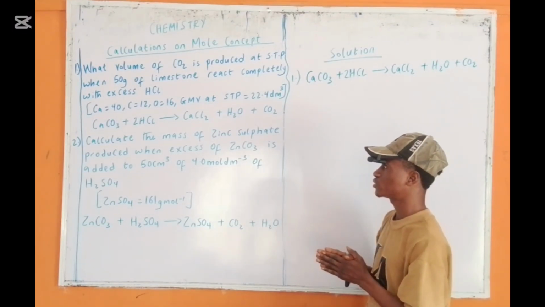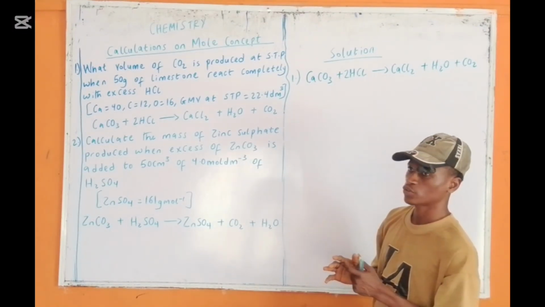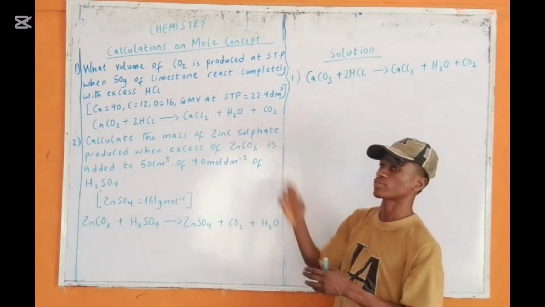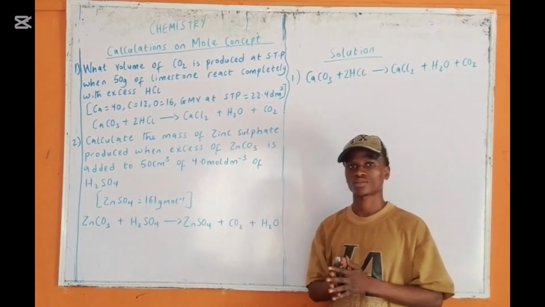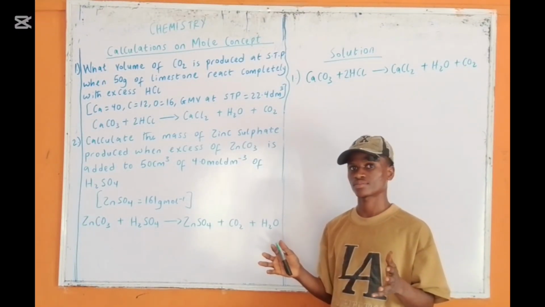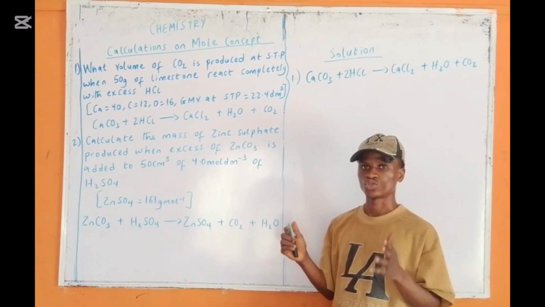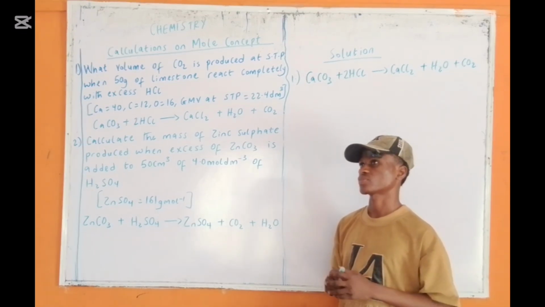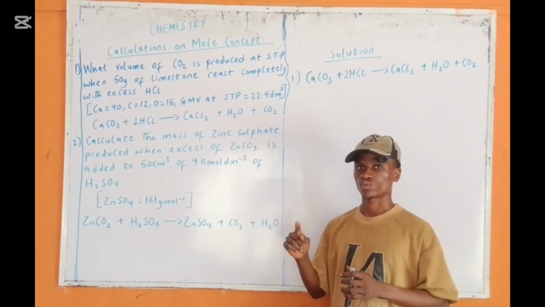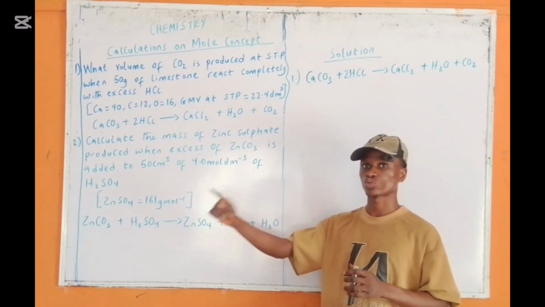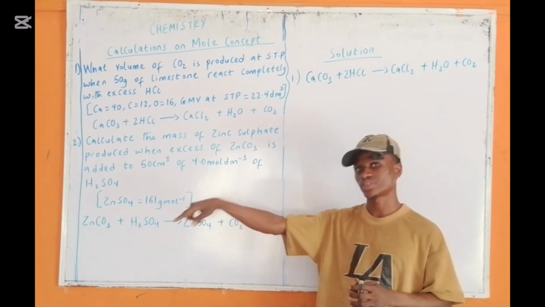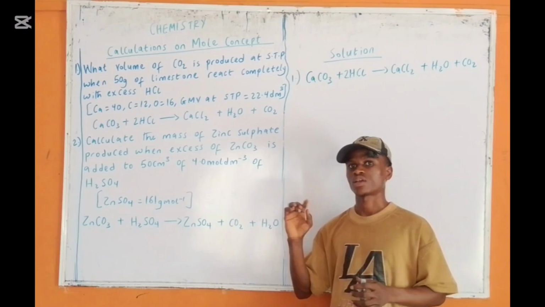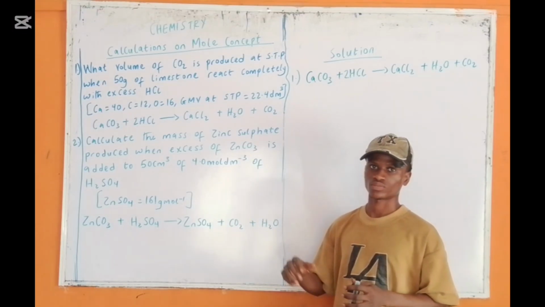Now on the board we're having 5 substances: 1, 2, 3, 4 and 5. But your attention will be drawn to just 2. And the first one will always be the unknown, the one you are asked to calculate. And the second one will be the one having value.